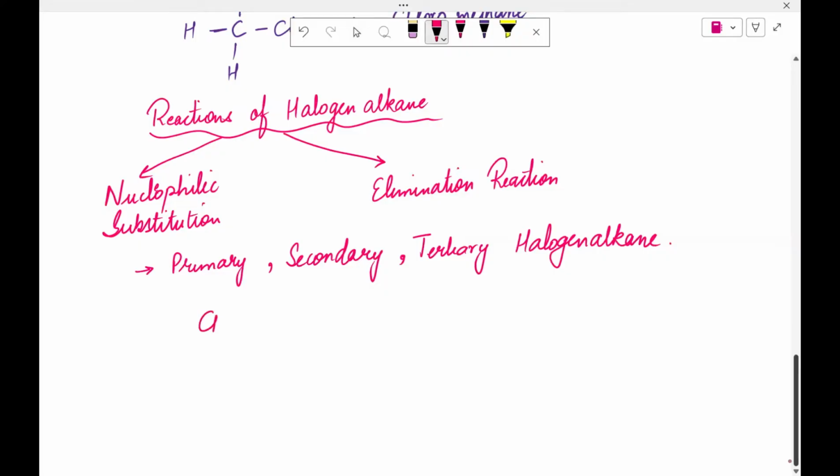So CH3, CH2, CH2, Cl. This one is basically the alpha carbon. Why are we calling this alpha carbon? Because there is only one alkyl group attached to it. This is an ethyl group. So we are going to call it a primary halogen alkane.